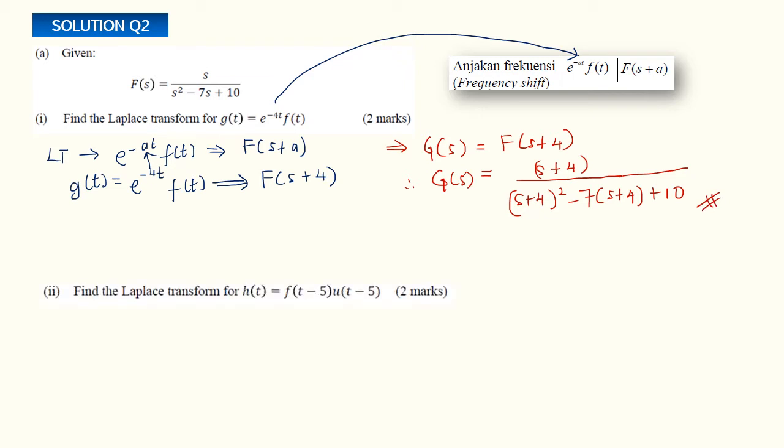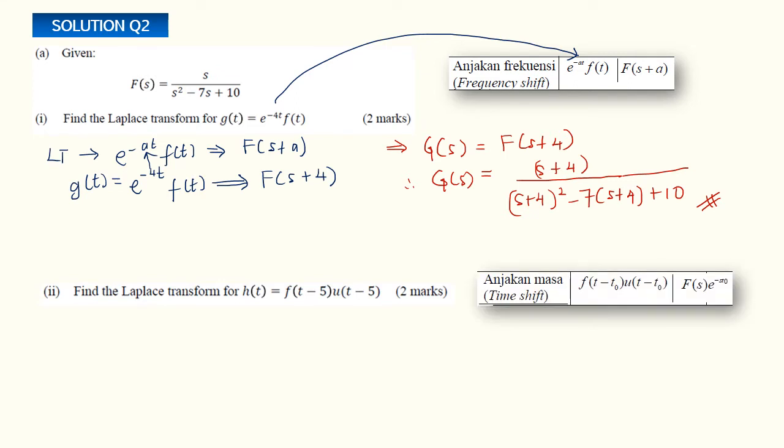Find the Laplace transform for h(t) equal to the given equation. Again, you need to refer to the Laplace transform table. Look at the closest shape to the given equation. From the table, you may notice there's time shifting operations, in which f(t minus t0) u(t minus t0) will produce F(s) e^(-s t0).